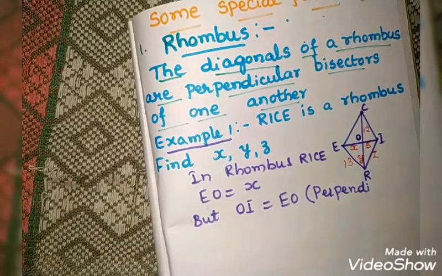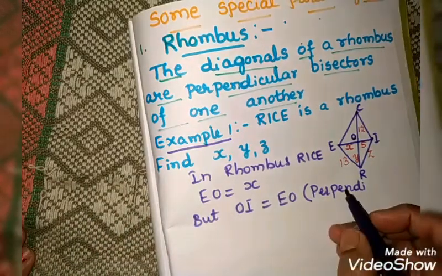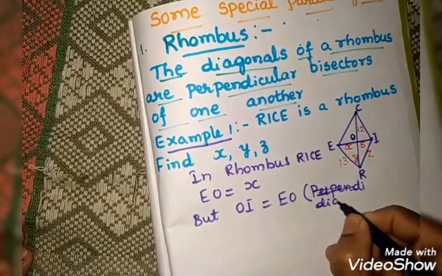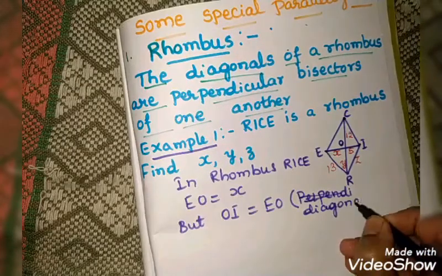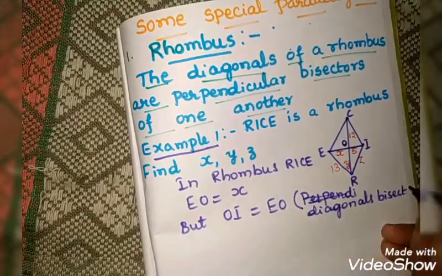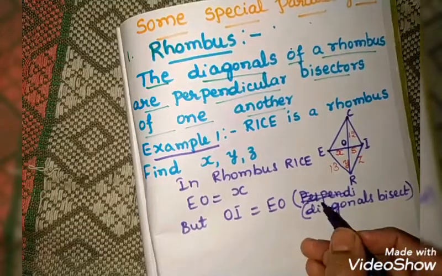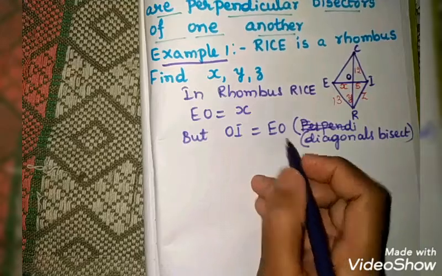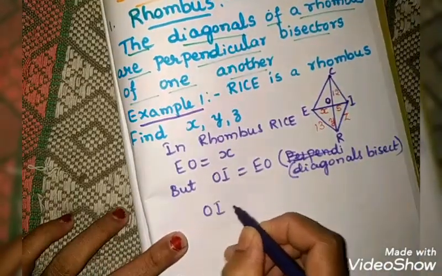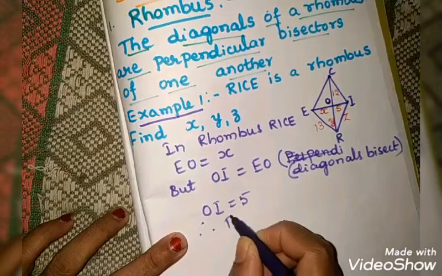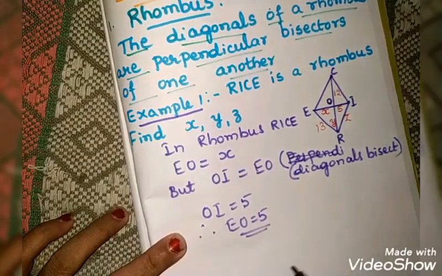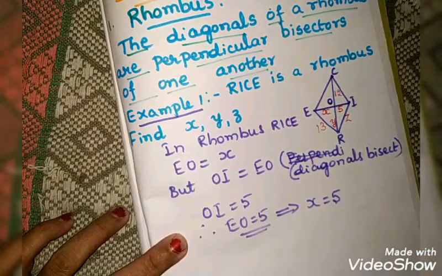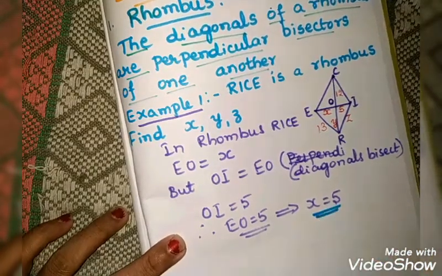Diagonals bisect. Diagonals bisect, children. This reason you can give for this. Therefore OI is equal to EO. But OI is how much? OI is equal to 5. Therefore EO is also equal to 5. One portion we got. Therefore, X is equal to 5. One portion answer over, children. Isn't it?